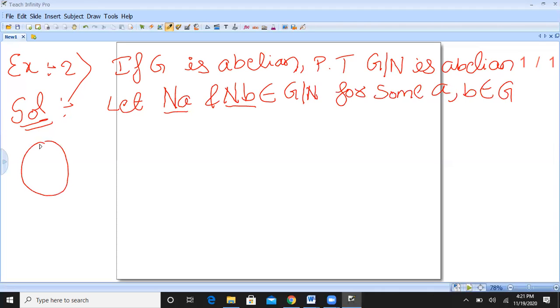So G is a group, and a and b both belong to it. Okay, next let's see the next steps. Na and Nb belong to G by N for a, b belonging to G, since G is abelian.